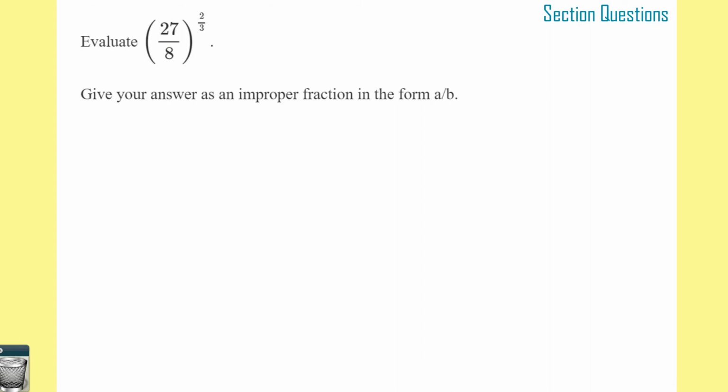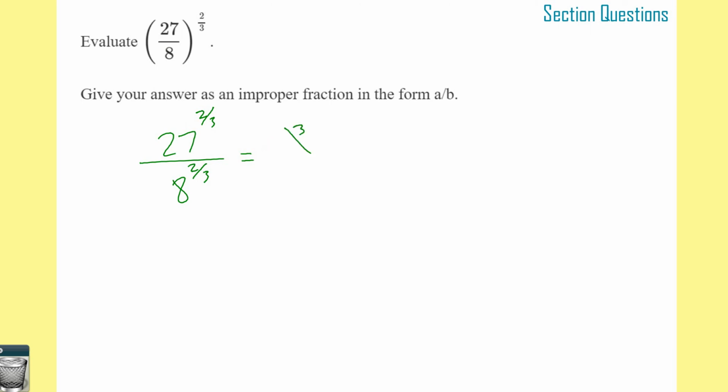So on this one, all right, I'm going to go ahead and distribute the 2/3 to both the 27 and the 8. And then I'm going to write them as a radical.